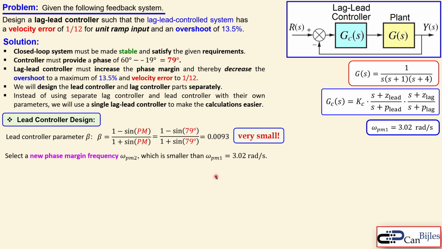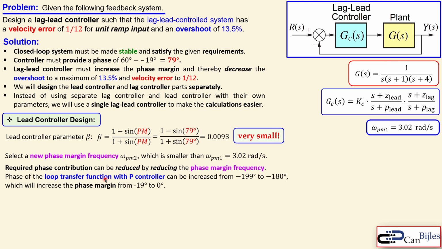So we can say, let's now make the phase margin frequency smaller by reducing the required phase contribution of this system. So the phase of the loop transfer function of the P control can be increased from minus 199 to minus 180 degrees, which will then increase the phase margin from minus 19 degrees to 0 degrees.